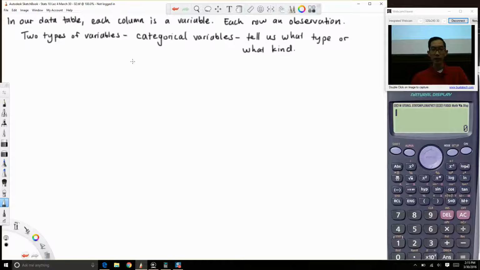And then we have numeric variables. And numeric variables tell us how much or how many.